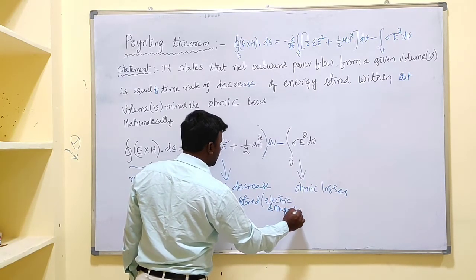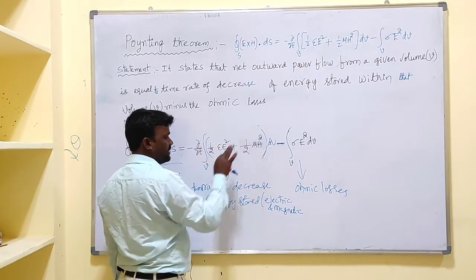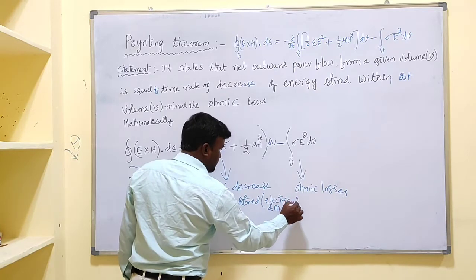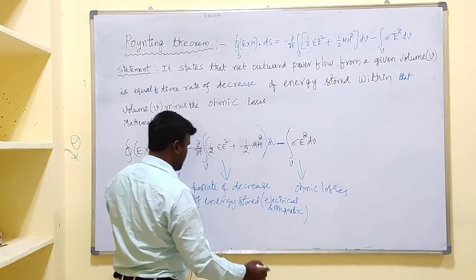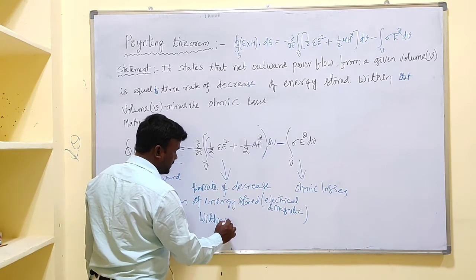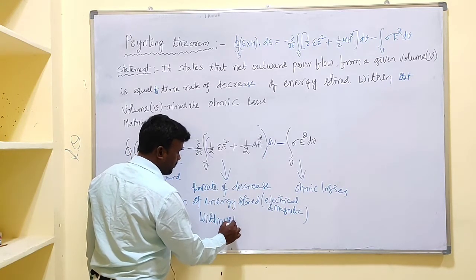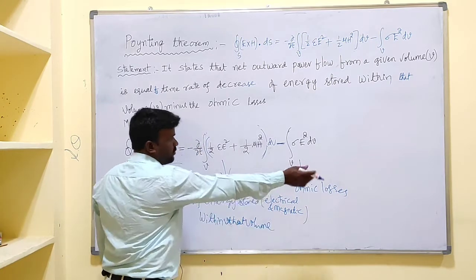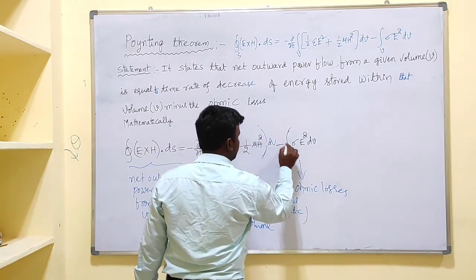The first term, integral 1 by 2 epsilon E square dV, is electrical energy, and the second one is magnetic energy, electric and magnetic energy stored within that volume, minus ohmic losses. Here you have a minus sign.